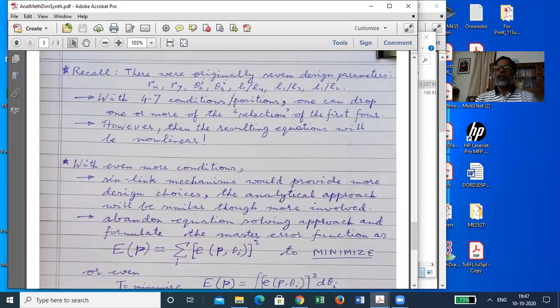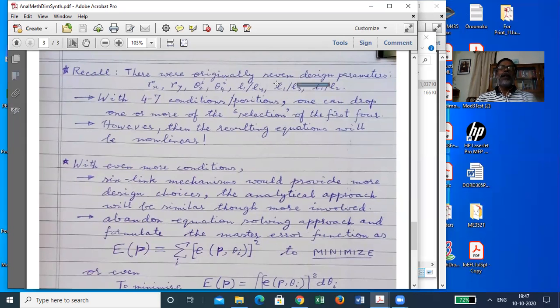For the case of 4-bar, where both input and output are angular, their dimension was not of significance, so it was the ratios. In the case of slider crank, one of the variables of the problem, s itself, is of linear dimension, so there it will not be ratios, but it will be 3 dimensions, L2, L3, and E. Okay.